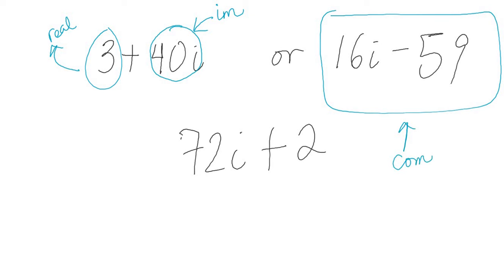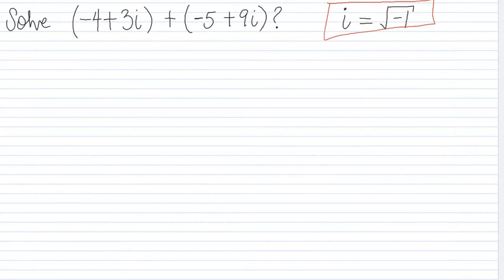The combination of the imaginary part and the real part together is a complex number. But the imaginary part is just an imaginary number, and the real part is just the real number. I hope this is clear before we go on to solving, because I don't want anyone to be stuck on crucial principles. So that's the first thing you need to know.